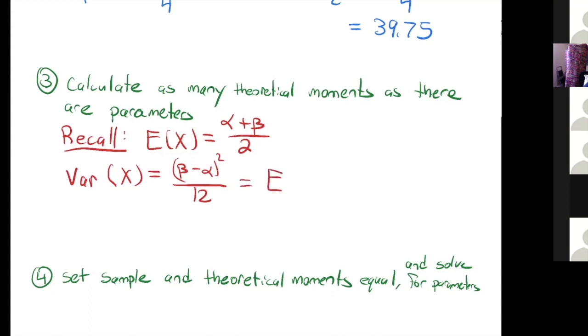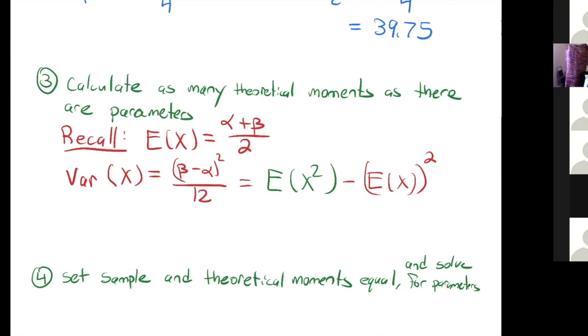But we don't want the variance, right? We want the second moment. So we want to find out what that green thing is. That's the second moment. It's related to the variance, but we don't want the variance itself. We're going to take the second theoretical moment and set it equal to the second sample moment. We just want the expected value of x squared.